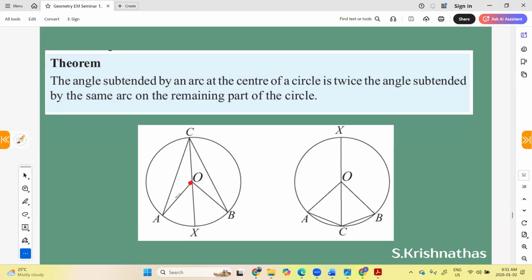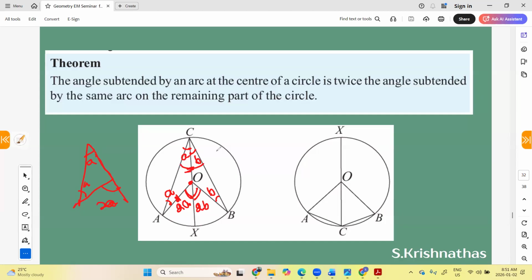Students, these two sides are equal. If the angle is A, this one is A. What is the reason? These are radii, equal; opposite angles of equal sides are A. Now, if you produce a side, this is 2A. The exterior angle is equal to the sum of the interior opposite angles, 2A. If this is B, this one is B, so this is 2B.